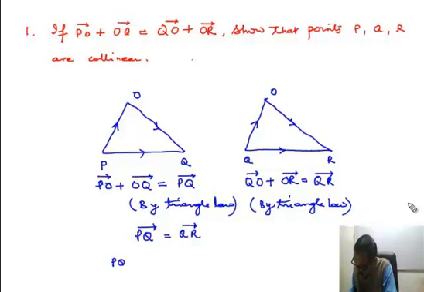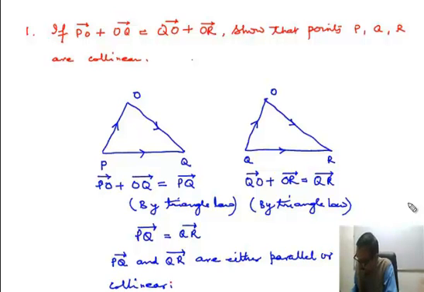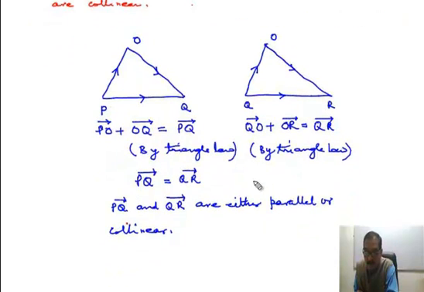So PQ vector and QR vector are either parallel or collinear, because one vector is written in the form of another vector lambda times. So here it is 1 time. So PQ vector and QR vector are either parallel or they are collinear.